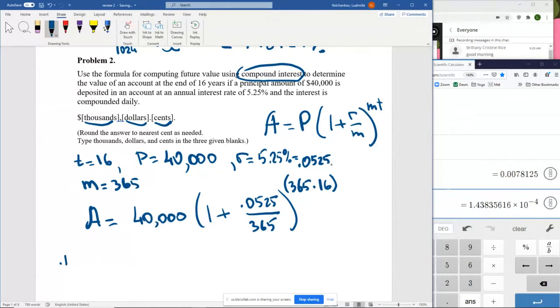But if you solve it step by step and you got something like 1.4383635 multiplied by 10 to the negative 4, what does it mean?